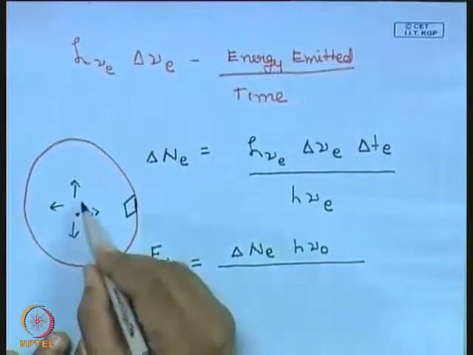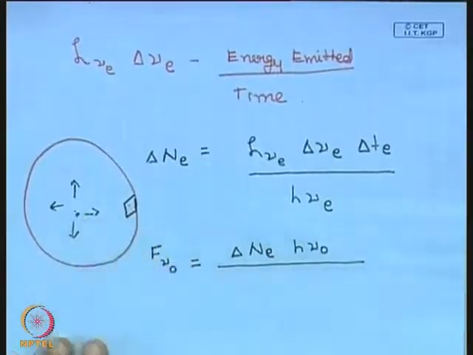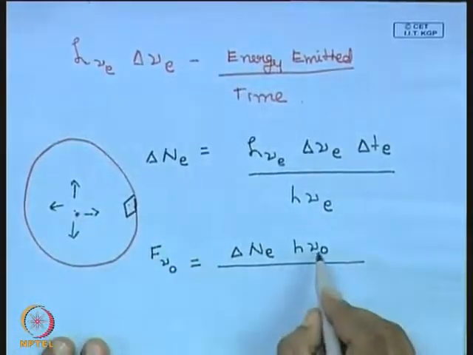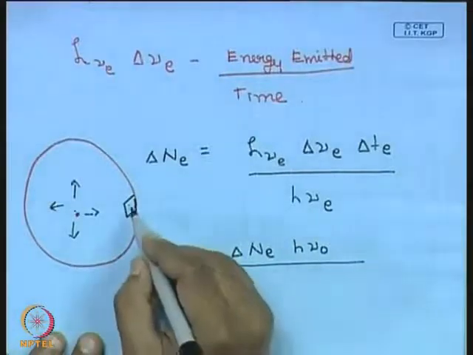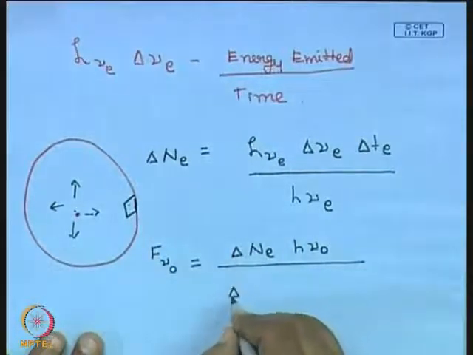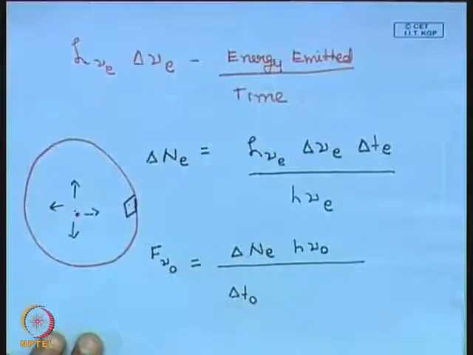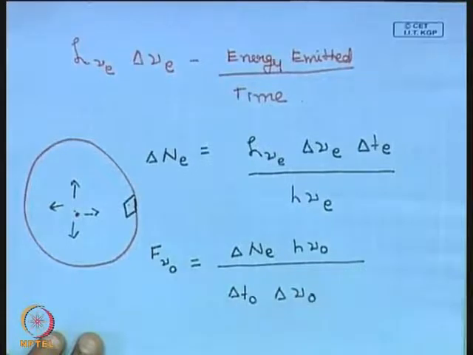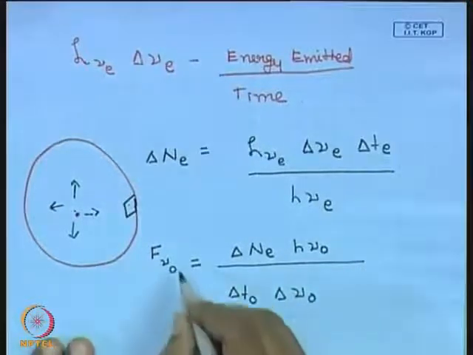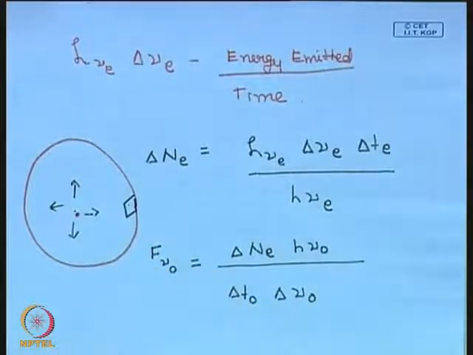The frequency of the photon would have changed by the time it comes from here to here, so it will be h into nu observed. This is the total energy crossing this surface, and it will be received by an observer over a time interval delta t observed over a frequency interval delta nu observed. This will be the flux in the frequency interval observed over here.